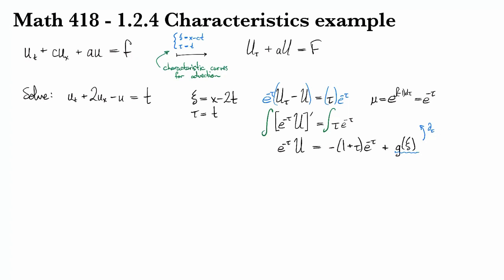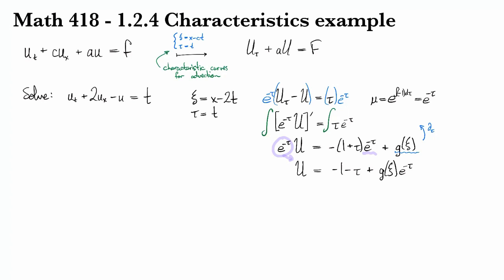So we need that there. And then the last part is just to take this guy and move him back to the other side. So we multiply across by e to the tau, and we have -1 minus tau, and then e to the tau is going to cancel the e to the negative tau right here, so that will go away. And then we'll have g of xi e to the minus tau.